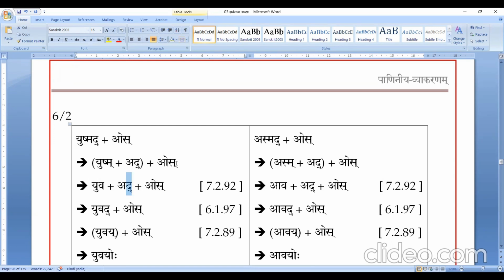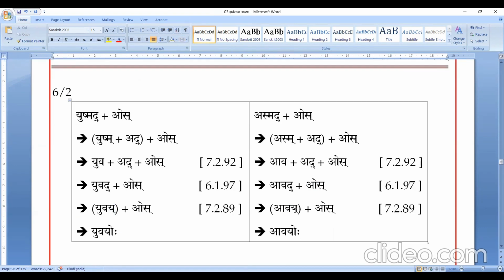So, Yuva plus Ad, you can just add Yuvad and Dakara Sthane, Yochi by the Sutra, Yakara Adesha. Yochi is 7-2-89, right? Therefore, Yuvai, Yuvayoho. Similarly, Avai, Avayoho. Here Ad doesn't become Lopa, therefore only one method. So, Yuvayoho, Avayoho.